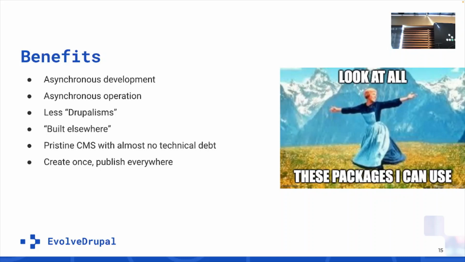Right? And in the Decoupled website, another thing, and I think this is the thing that I like the most about this architecture, is that you keep your CMS pristine. Right? In a state where you almost don't need to write any custom code. Maybe a couple of modules, but it's pristine in the sense that when you want to upgrade in the future, you won't end up with too much worry.